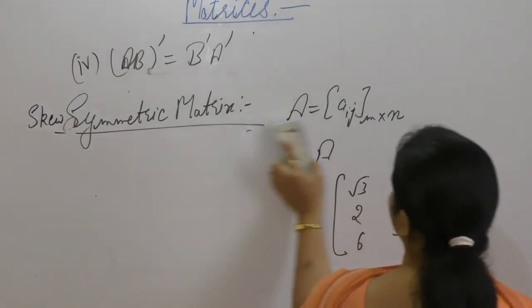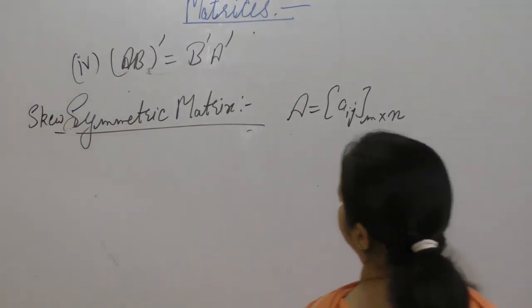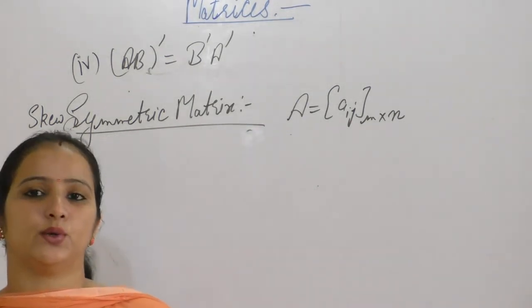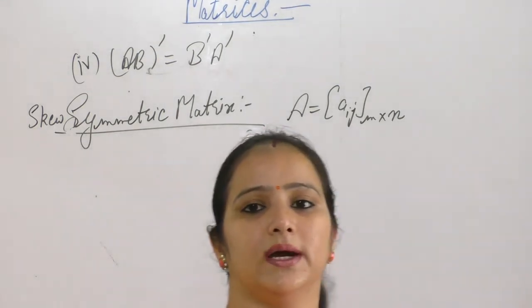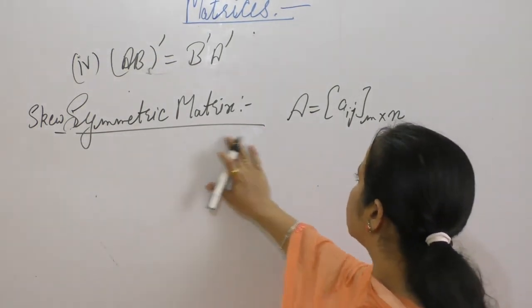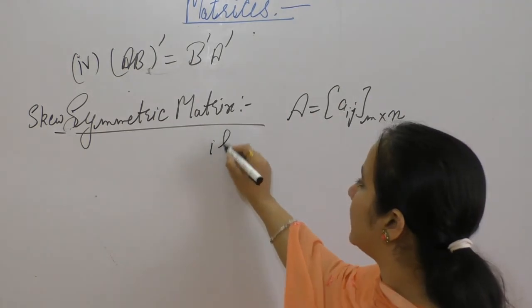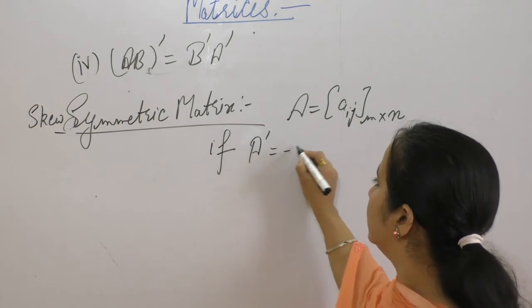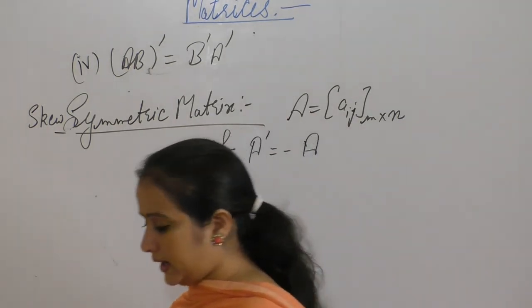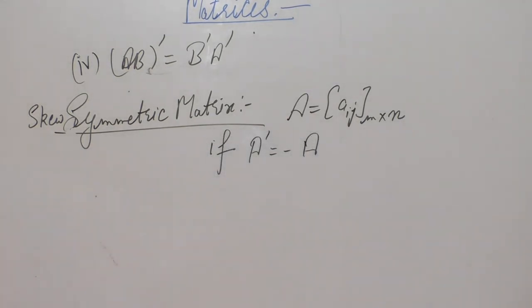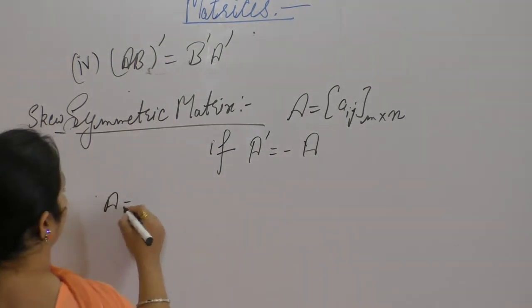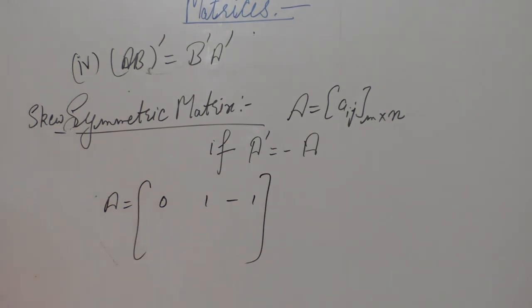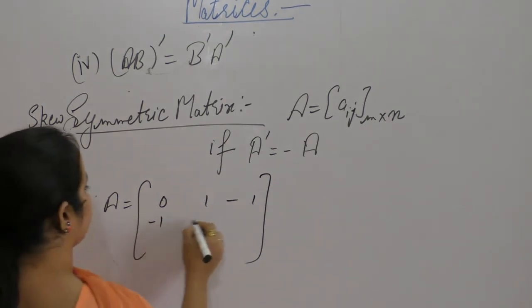A square matrix A equal to Aij of order m into n is said to be skew symmetric if A transpose is equal to minus A.